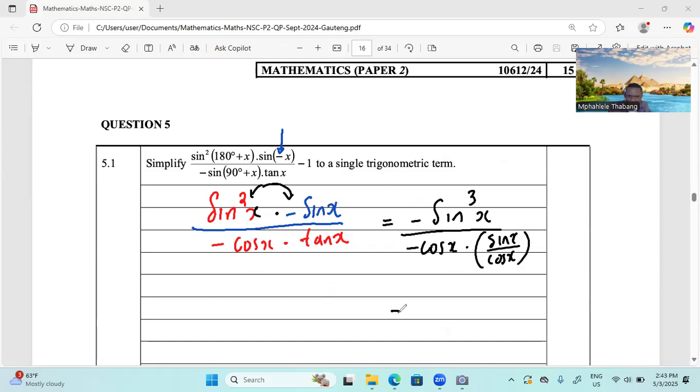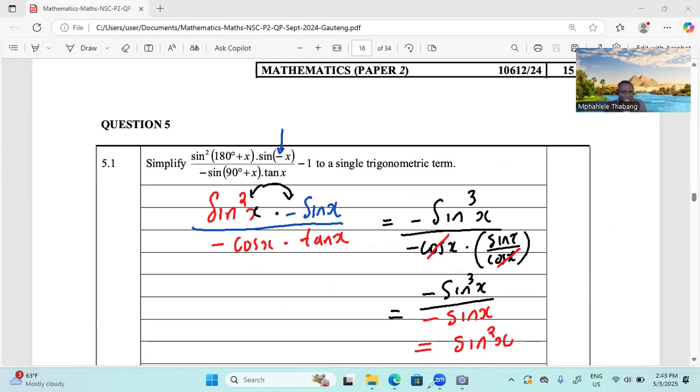Then when I continue, my numerator is still sine cube x over my denominator, cos cancel cos, I'm left with negative sine x, which implies that my final answer is sine squared x.